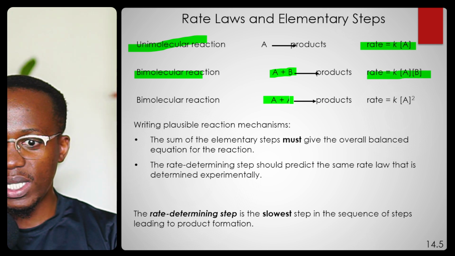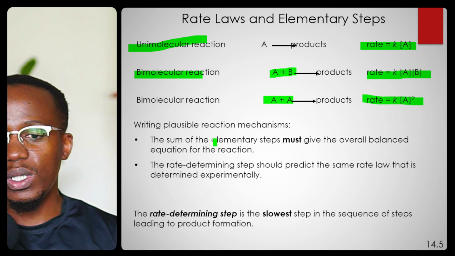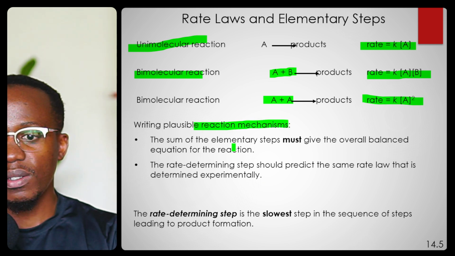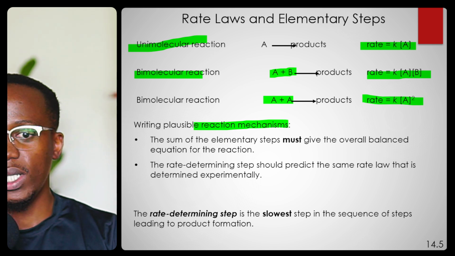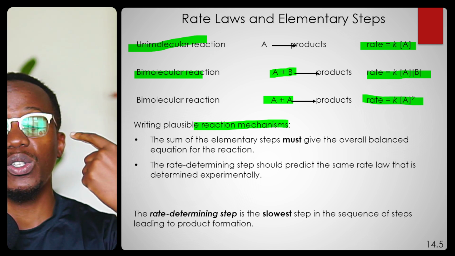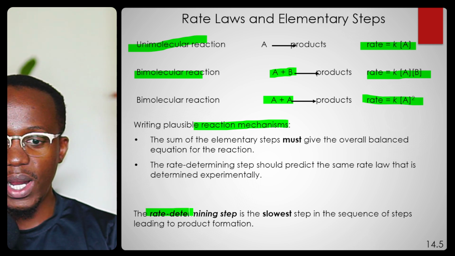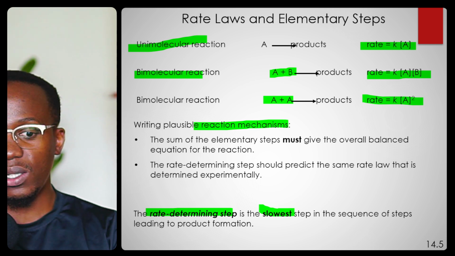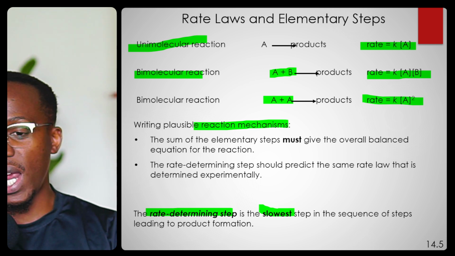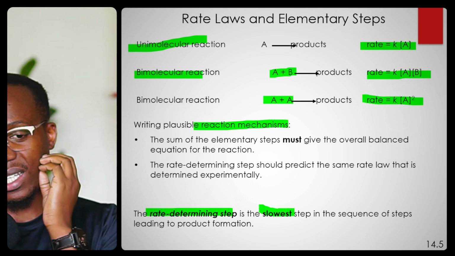If you have A plus A, you're going to have a different rate. So we use different mechanisms depending on the molecularity of the reaction. And the rate determining step is the one that is the slowest. If we have a multi-step reaction, we need to know the slowest reaction. So this is where the kinetics come in.